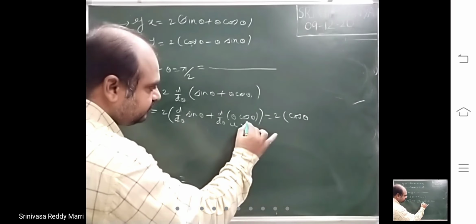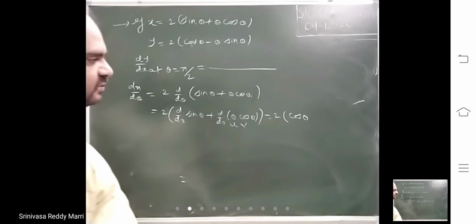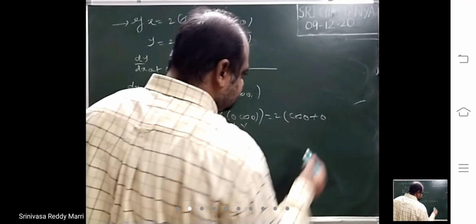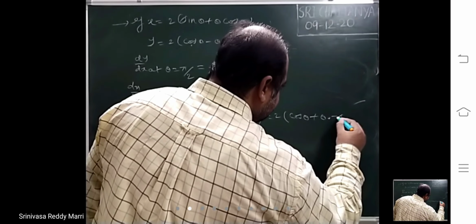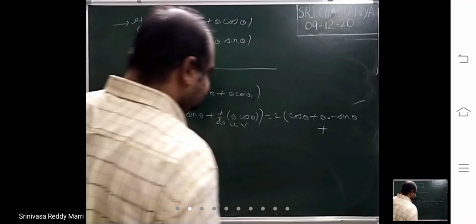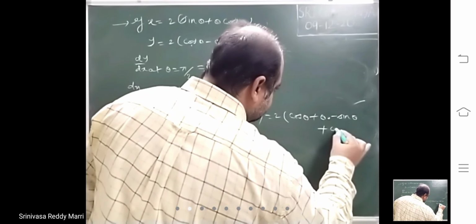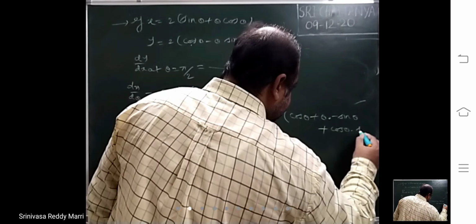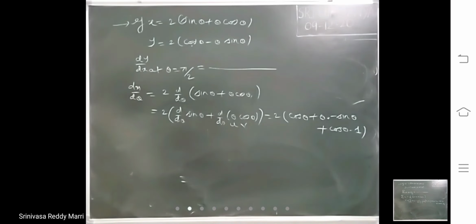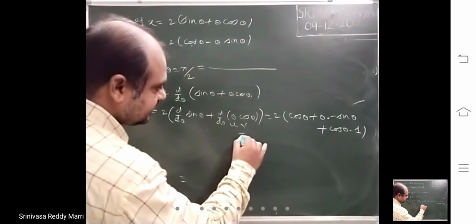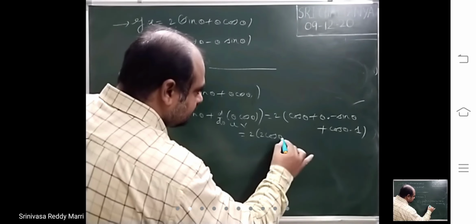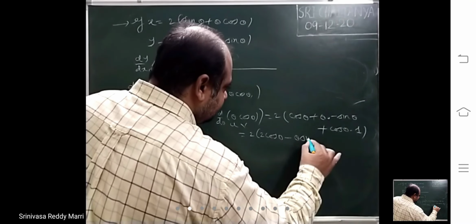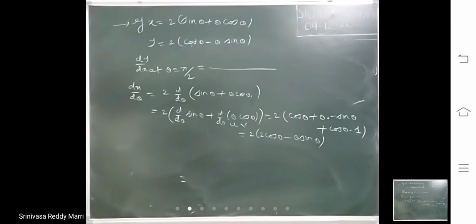Now this is uv, so theta into d by d theta of cos theta, minus sin theta, plus cos theta into d by d theta of theta, that is 1. That means this is nothing but 2 into 2 cos theta minus theta sin theta, that is dx by d theta.